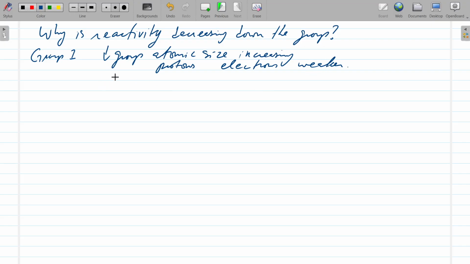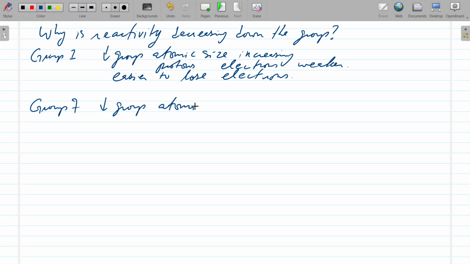And so it was easier to lose the electron for the group 1 metals. Now in group 7, the reason is also the increasing atomic size. So down the group, the atomic size is increasing.